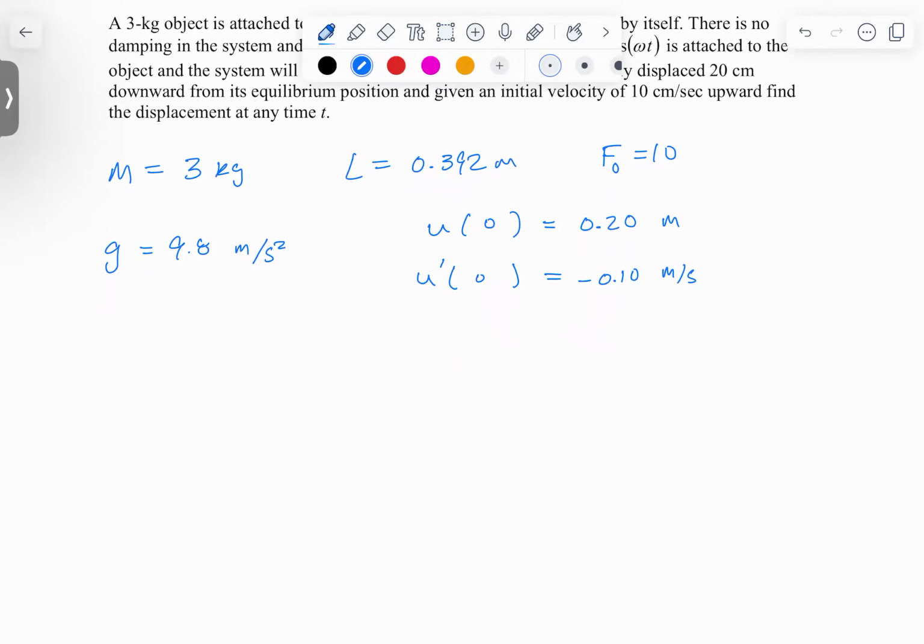Okay. All right. So K equals. Now I skipped this a lot, but I like to try it again. mg equals K, which just means k times the stretch.